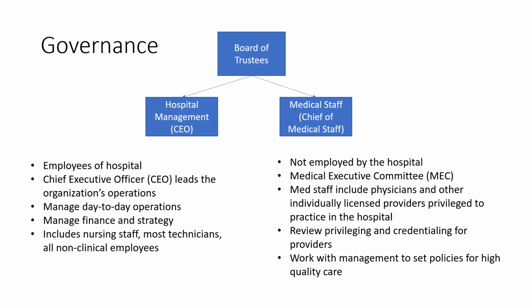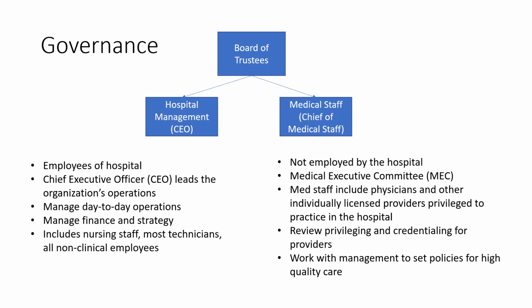So if it's a church, the board of trustees of the church are supposed to make sure that the church is operated to provide services to the congregation. And so the board of trustees represents the people that the organization is supposed to be serving.